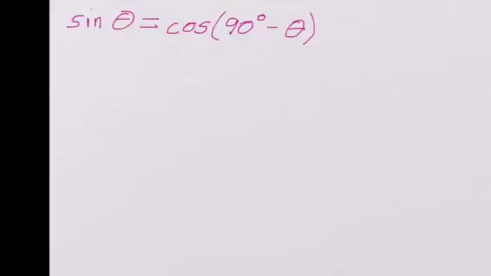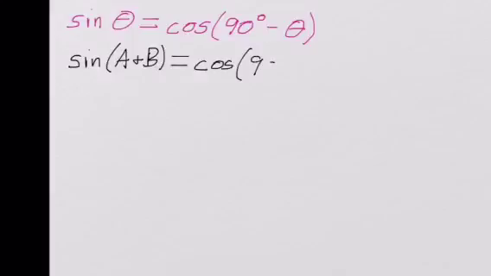So from that we can obtain the following idea. We have the sine of a plus b. Well, we're going to go ahead and convert that to a cosine.